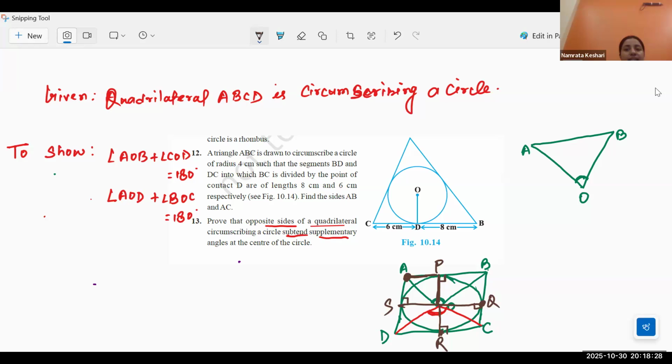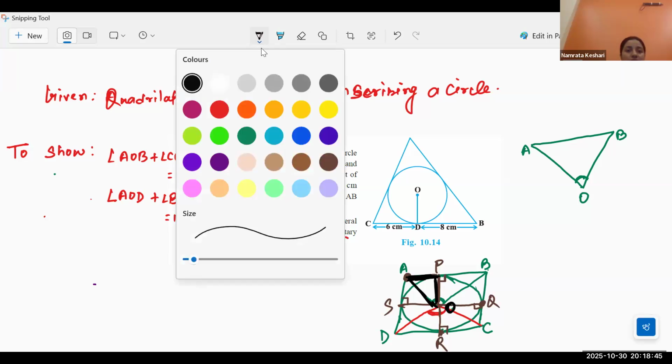Now if you take any two triangles, O is the center. This triangle APO and the triangle.